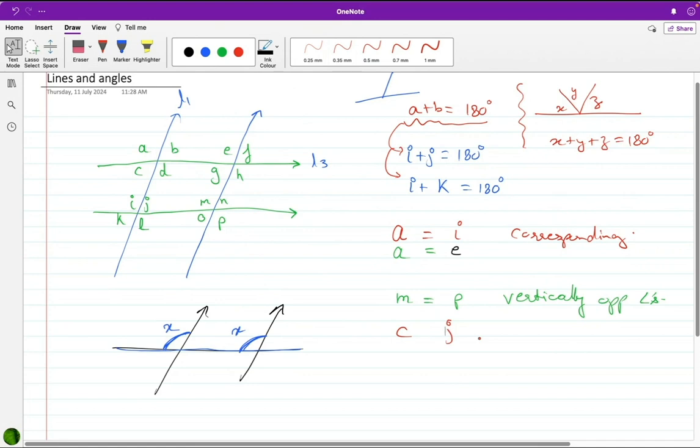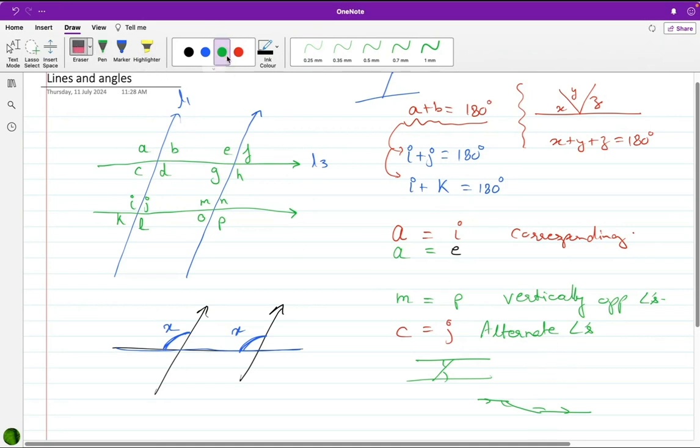Yeah, C and J, yes, they are equal. Their name was alternate angles. The property with the Z, they're making a Z. Either the Z goes this way or it goes this way. But these lines have to be parallel.